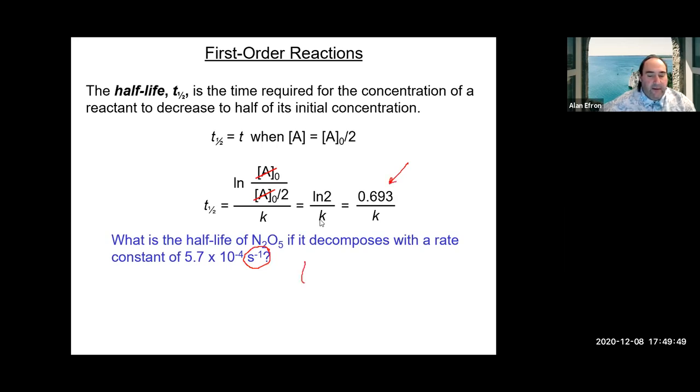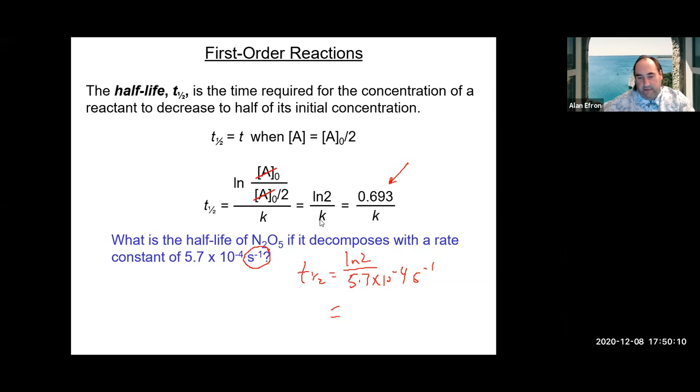So our half-life would just be plugging it in. We have 5.7 times 10 to the minus 4 reciprocal seconds. We end up with about 1,200 seconds, give or take.